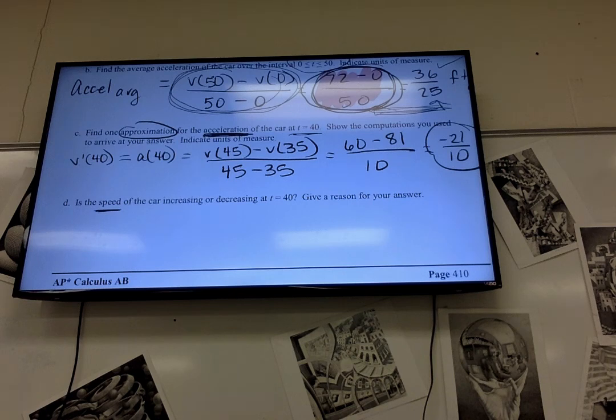So if I do velocity at 40, from this table, it's 75, which is positive. And v prime of 40 was approximately, we just found it, negative 21 over 10.